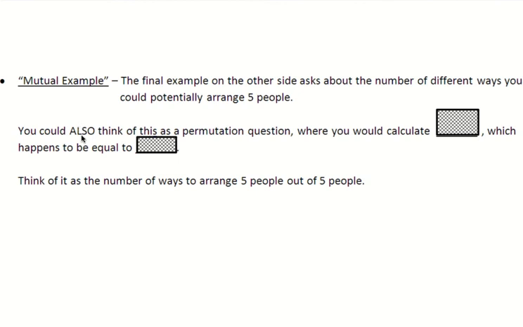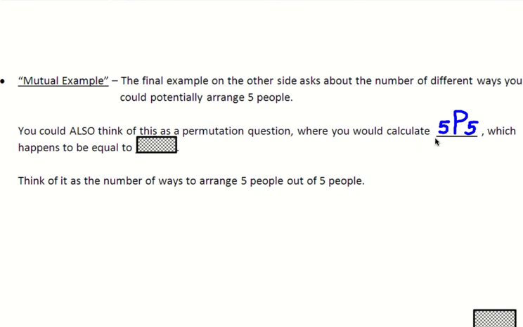You could also think of this as a permutation question. Not only is it a counting principle question, it's also a permutation question where you would calculate 5P5.